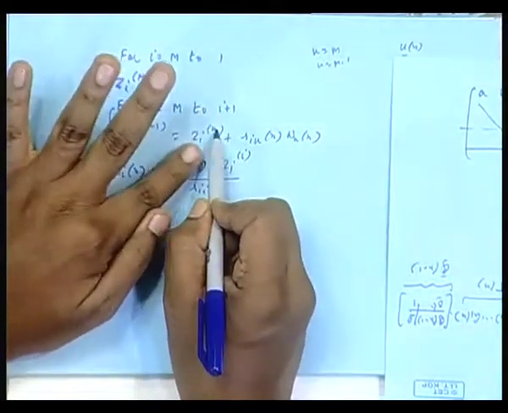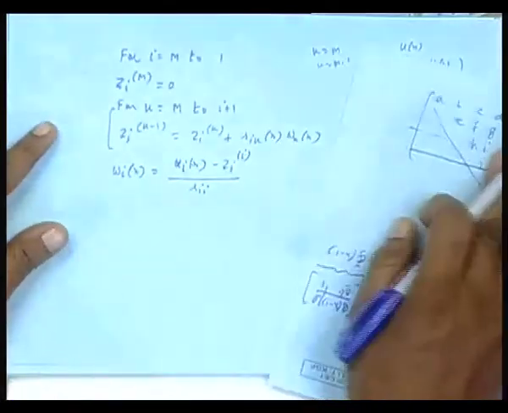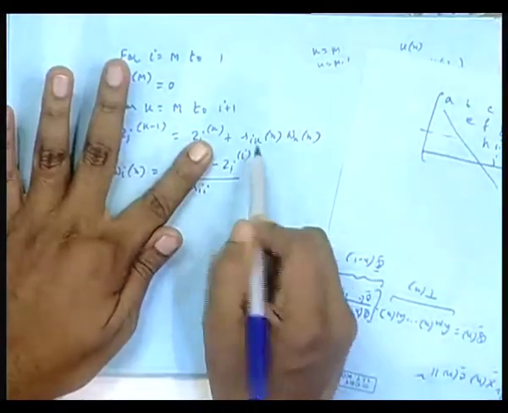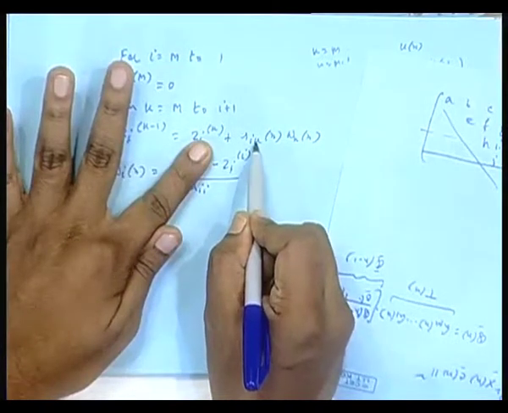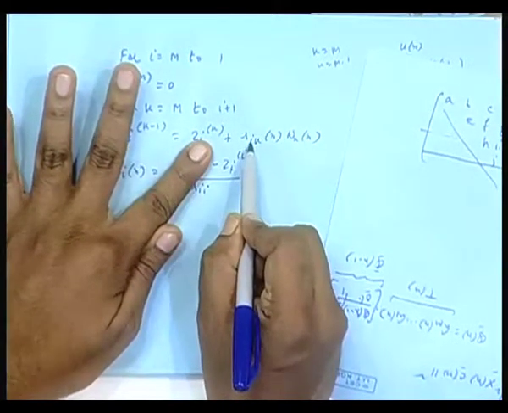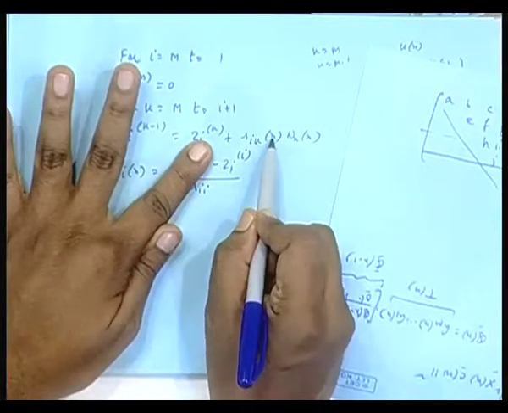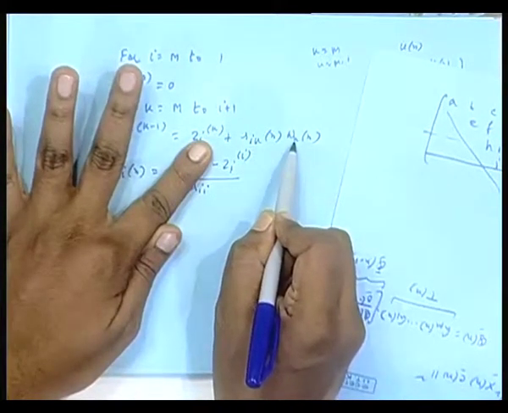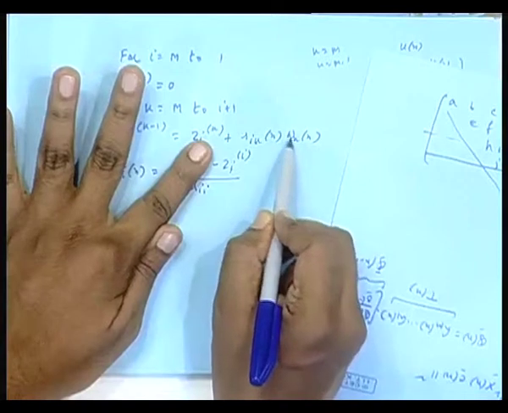Whenever k equal to m, this top value is 0, because to the right of this there is nothing, 0. That is why this is 0. The starting is m here, m corresponds to the column, last column, m minus 2th row, last column, that entry times first guy, that weight, mth weight.